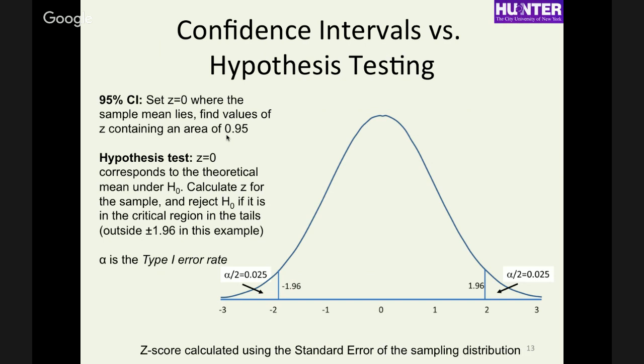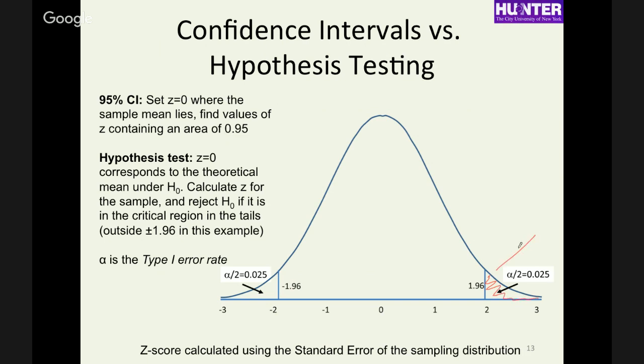So when you create your 95% confidence interval, you're giving a region where 95% of the means in your sampling distribution lie. And 5% of the probability in your sampling distribution lies in the tails out here.